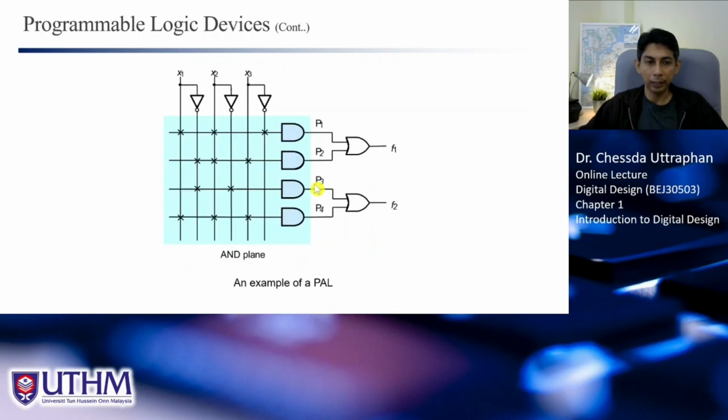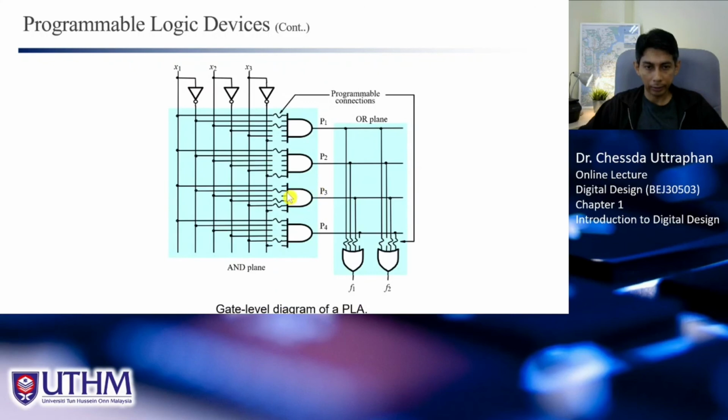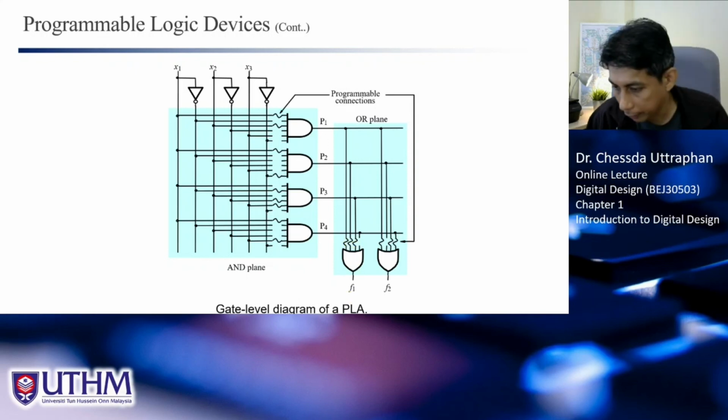For example, for f1, we have 4 inputs, but only 3 of them are connected. P4 is not connected, which means that we do not connect here, and here we connect.